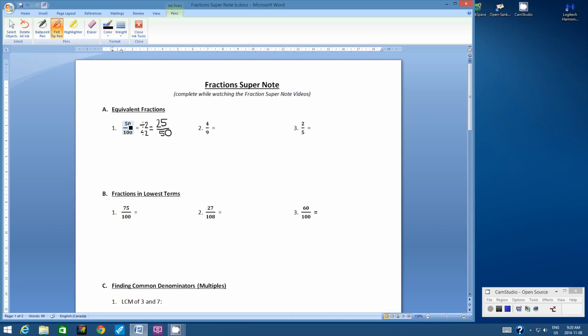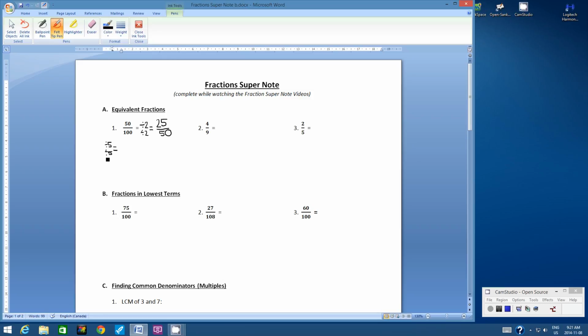So again, let's look at our original fraction, 50 over 100. And let's use our divisibility rules to come up with some factors for both the numerator and the denominator. So because both the numerator and the denominator end with the number 0, we know that both the numerator and the denominator should be divisible by 5. So let's try that. Remember, show your work. Show me what you're dividing both the numerator and the denominator by.